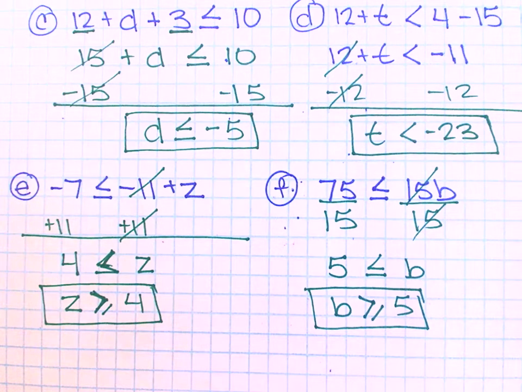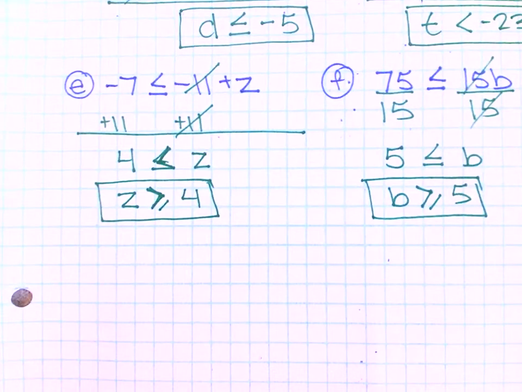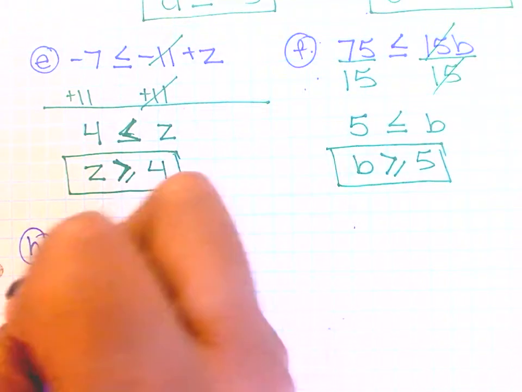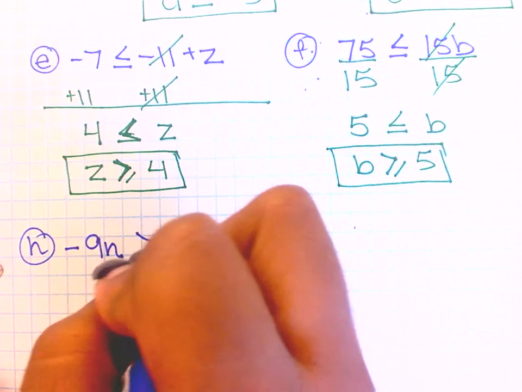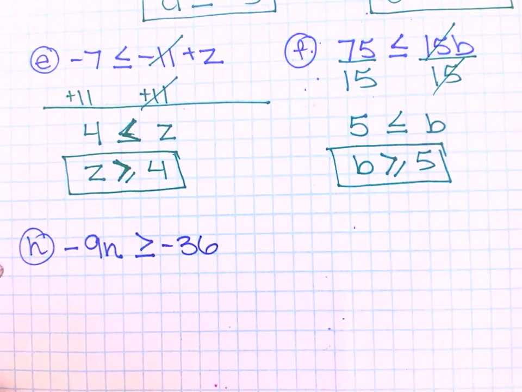All right. 4 more. Letter H says negative 9n is greater than or equal to negative 36. Now I see in this that I already have a negative to divide by to get n by itself.